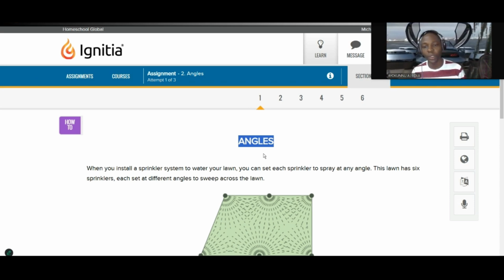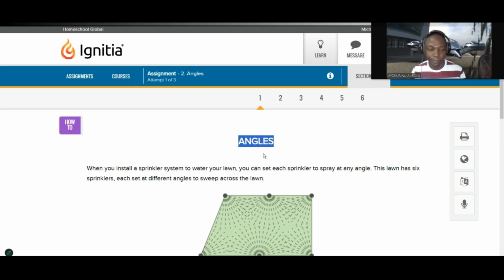We spoke about lines that can intersect and give us an angle, right? Can you see the black screen?